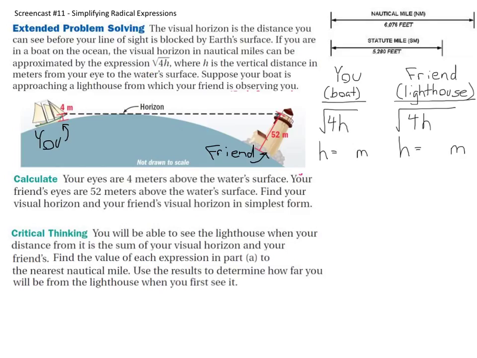All right, so what's the problem? Well, here's the problem. Kind of interesting. You may have known, or maybe you haven't, that there is a difference between what we consider a mile, which, if we're going to get technical about it, we should be calling a statute mile. That's its actual full name.